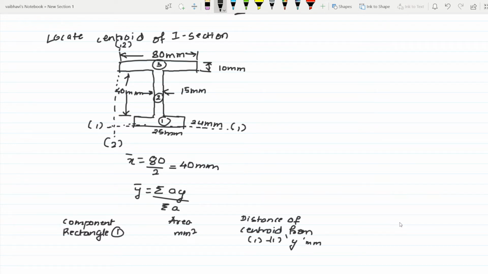Then next we have to find the moment of area about 1 1. It is very simple finding the centroid. AY, that is pure logic, we have to remember mm cube.